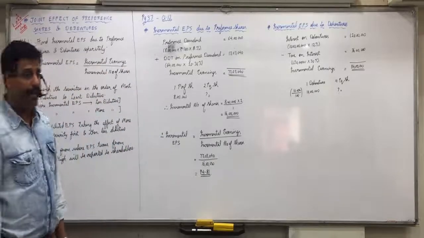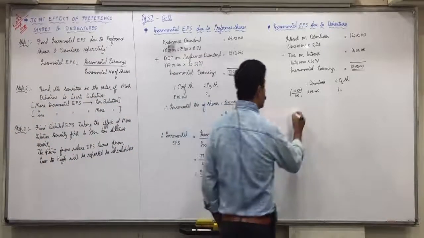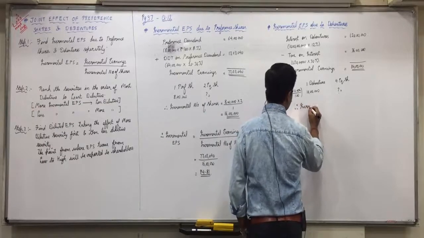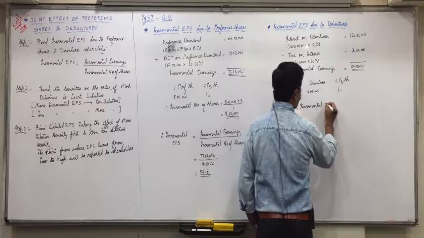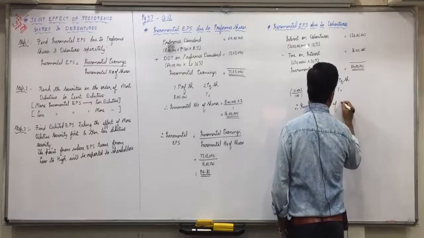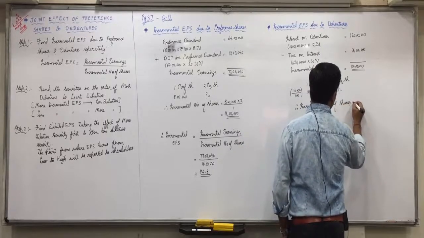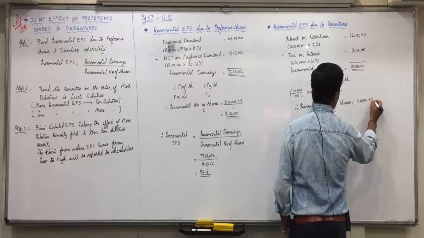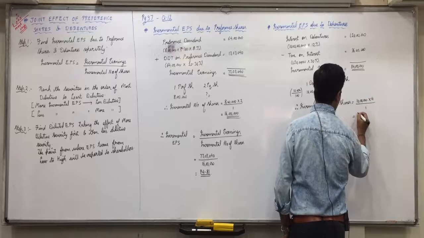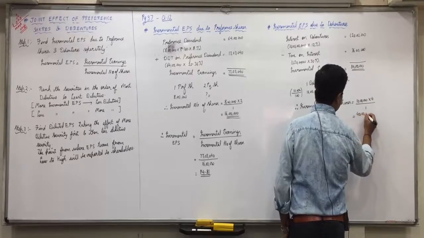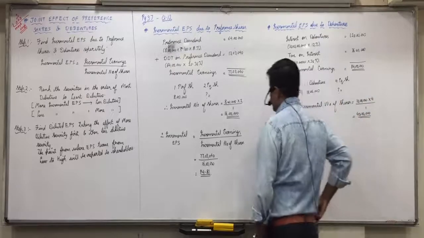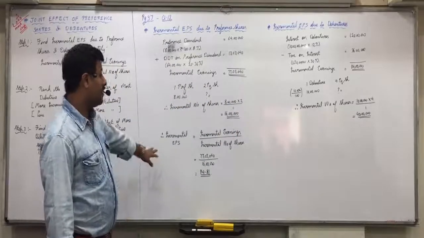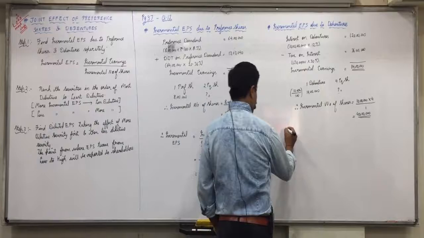So the incremental number of shares is 10 lakhs into 4 by 1, 40 lakhs. Understood this, everyone? Now we can find incremental EPS.